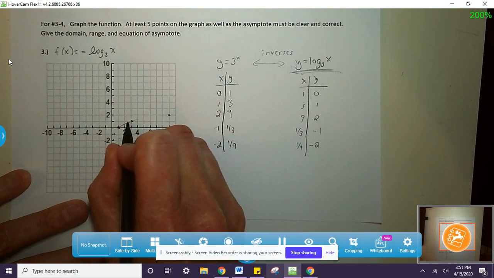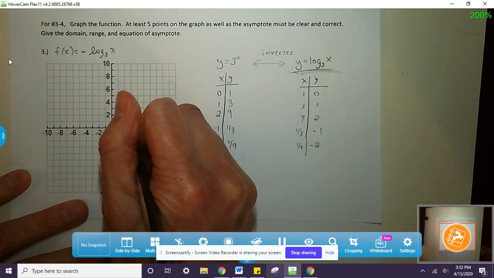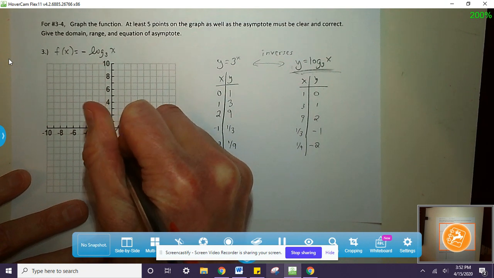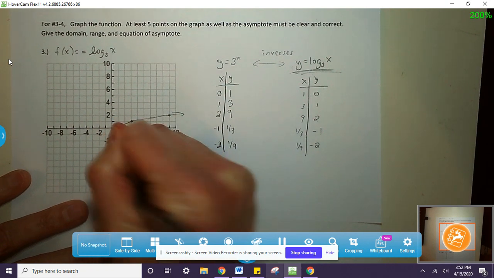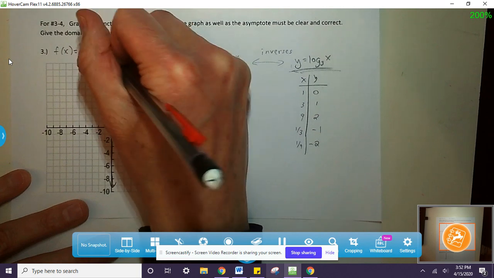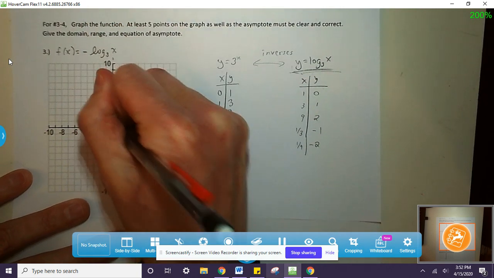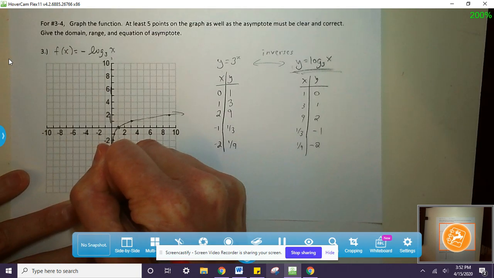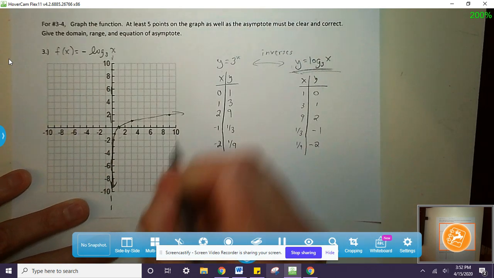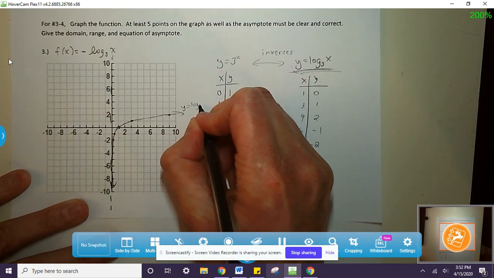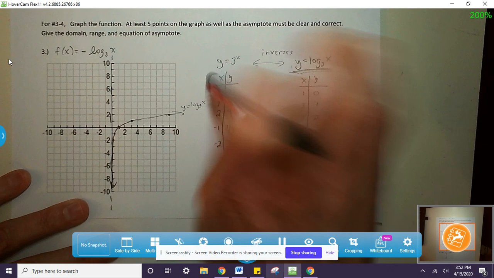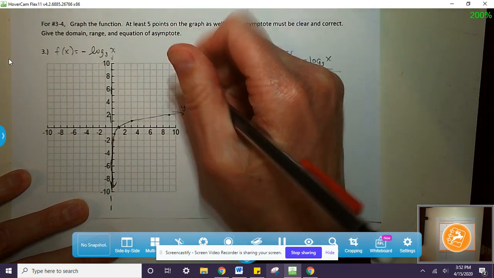This graph goes up to the right, down to the left, approaching that vertical asymptote but not crossing it. The vertical asymptote right now is the y-axis. And this is our log graph. So that is log base 3 of x.